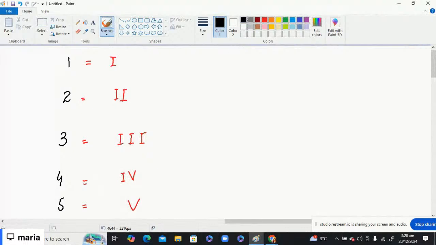But when you are going to write down 6, 7, 8, 9, and 10: what is 6? 6 is your 5 plus 1. Check it out. What is 5? This is V. What is 1? This is I. What is 7? It's 5 plus 2. 5 is involved in all of these: 5 plus 1, 5 plus 2, 5 plus 3.